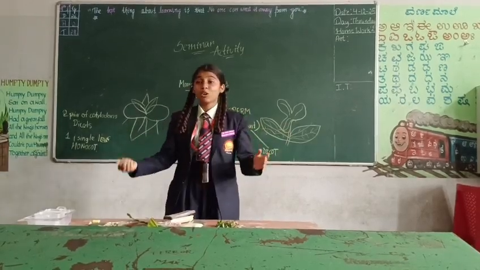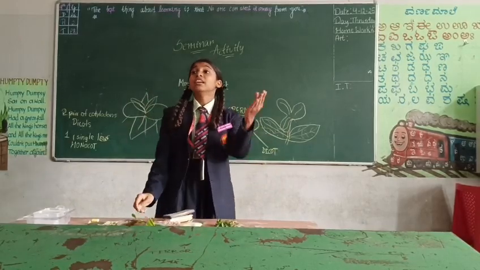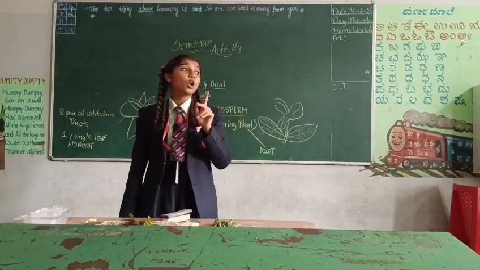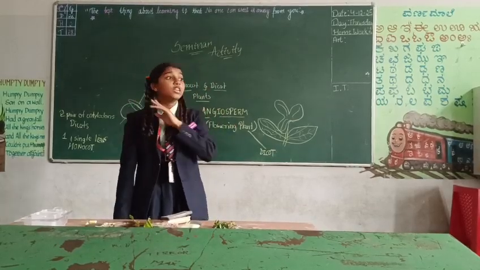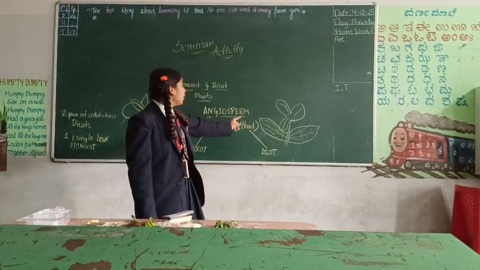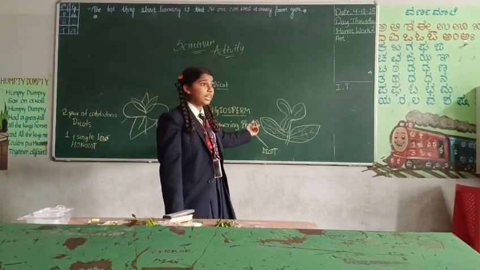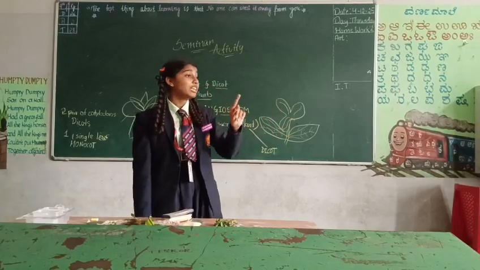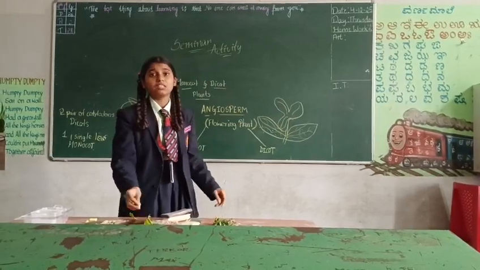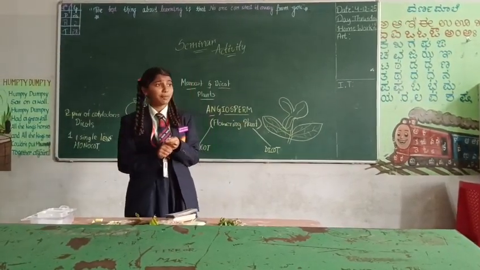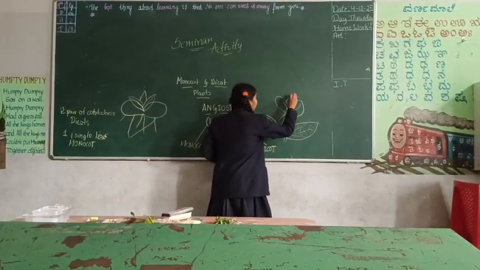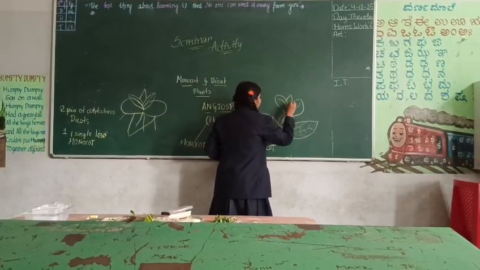You cannot determine whether it is a monocot or a dicot based on only a single character. You should know all the characters. Here they have typical dicot leaves, but very typical monocot flower petals. So based on flower petals also we can classify them. Look here, they have three petals.